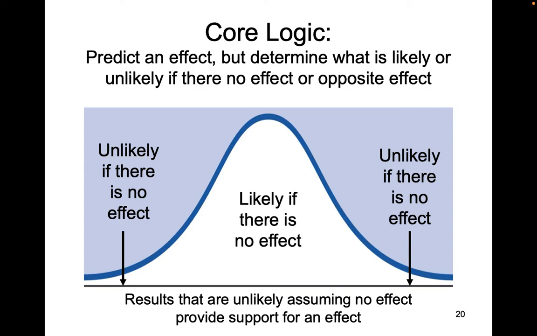And if we reject that there's no effect, then we're able to accept our hypothesis that there must be an effect. Okay. So the idea is that if we get a result from our research study that is unlikely, assuming no effect, that's kind of a roundabout way of providing support that there actually is an effect.